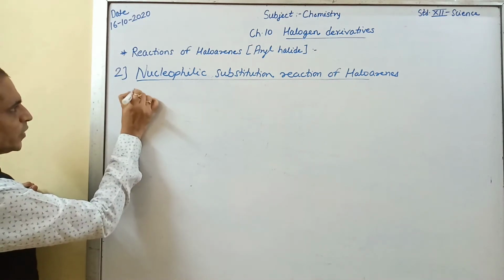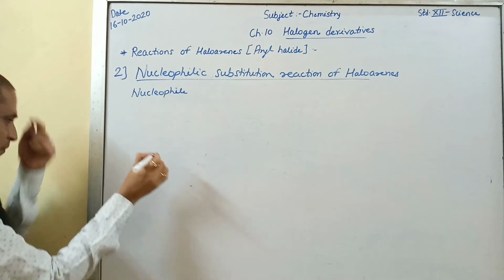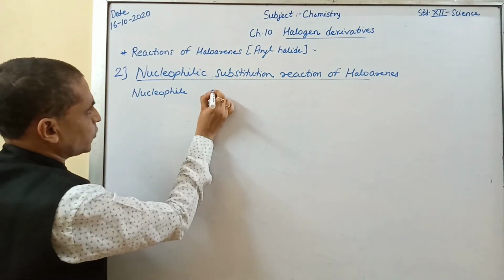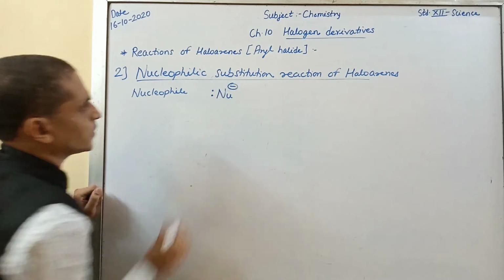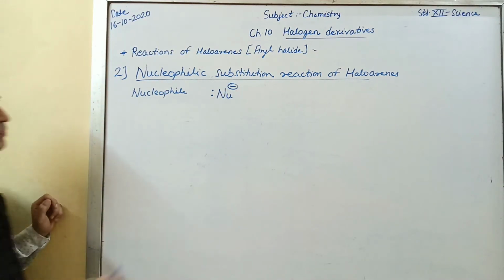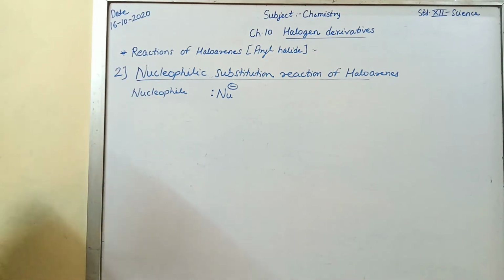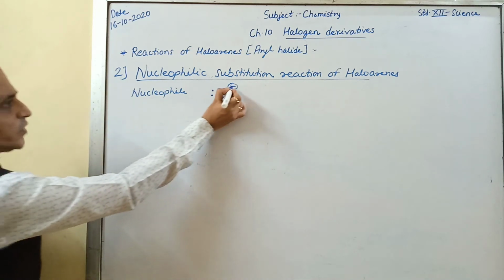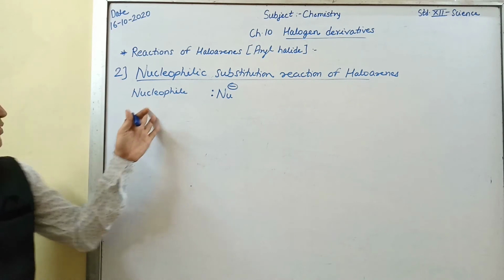You know the nucleophile. A nucleophile can be shown by Nu. They are very electron-rich species. You can consider hydroxyl ions, then sulfate ions. They are nucleophiles, meaning negatively charged ions. Already we have studied about this in the previous lectures.